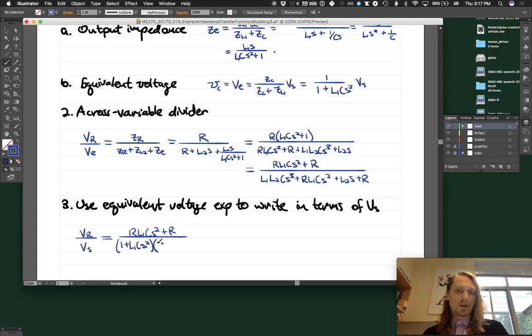So we've got L1 L2 C S cubed plus R L1 C S squared plus L2 S plus R.